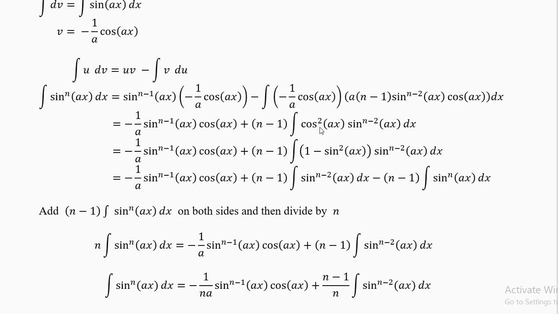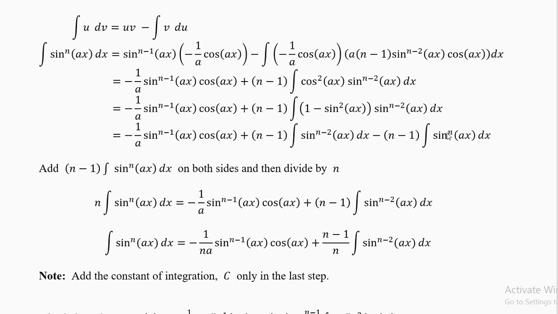Now cosine square can be written as 1 minus sine square. So you will get, now multiply with this one here, sine n minus 2 power and minus n minus 1, this 2 plus n minus 2 will give you sine n.